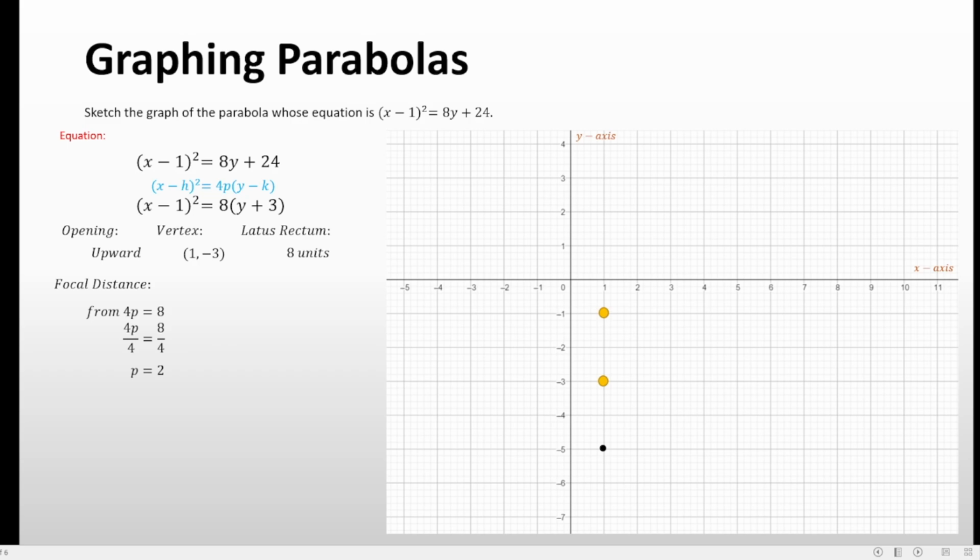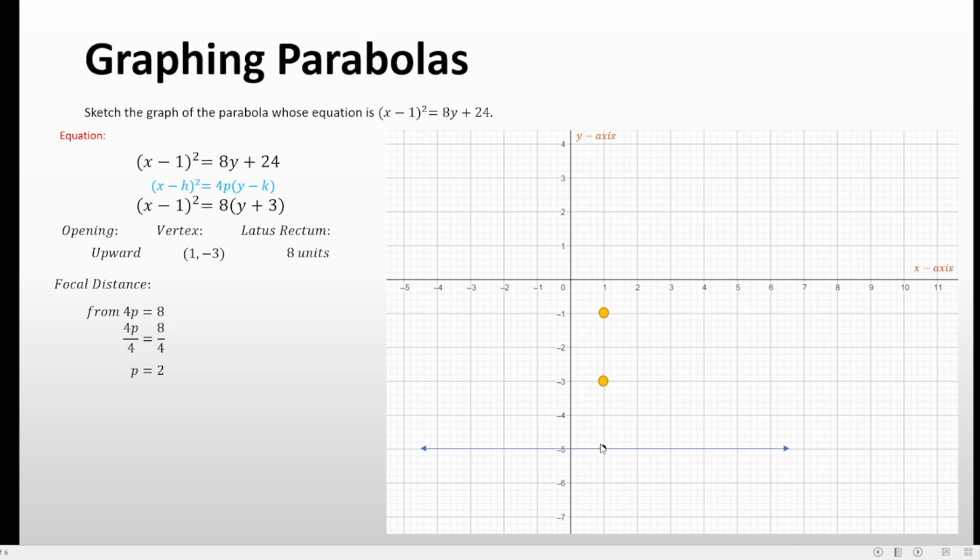It's never a point. This is only our hint, or our guide, in drawing the directrix. So the directrix is actually this one, because this is only a point that identifies the distance from the vertex. So moving down, that is the vertex.